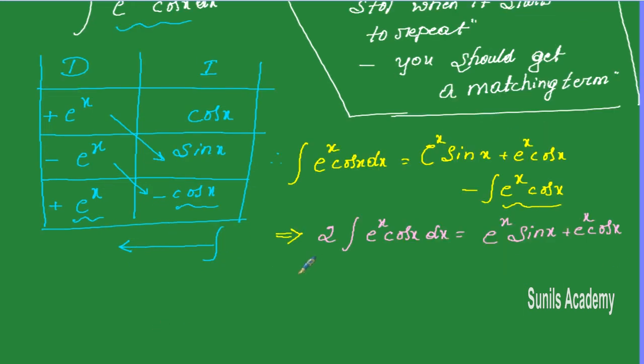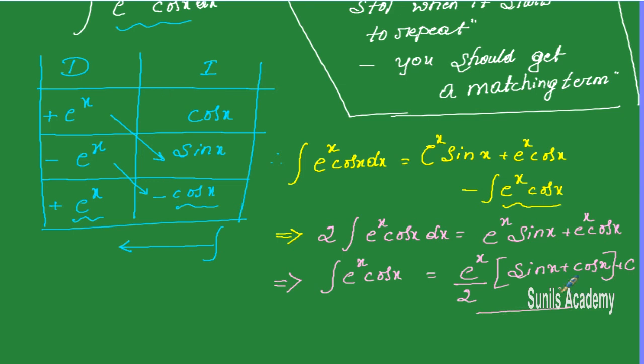Then the integral of e power x into cos x equals, taking e power x as a common factor and dividing by 2, into sin x plus cos x, plus integral constant.